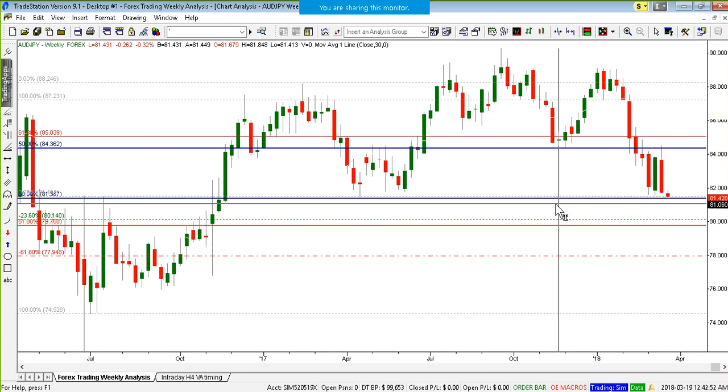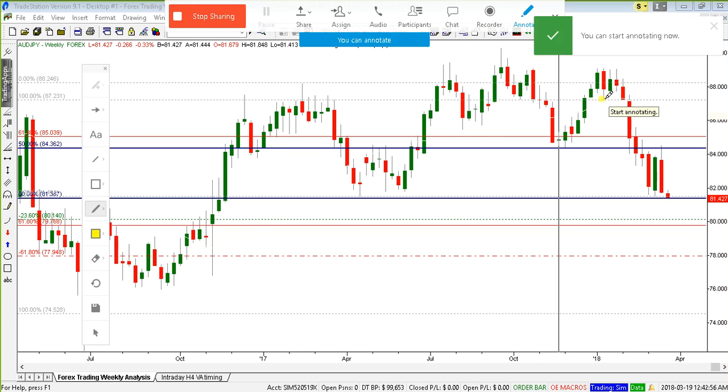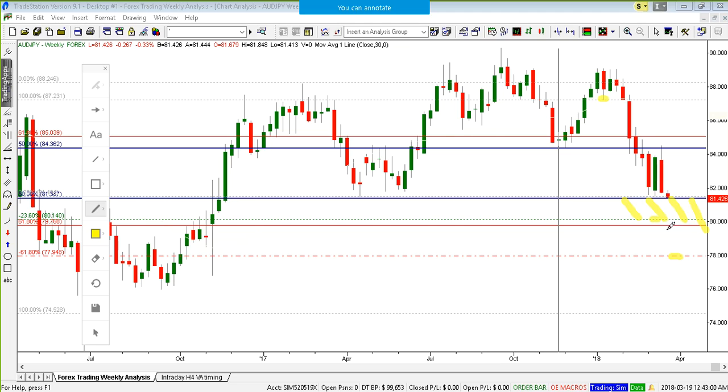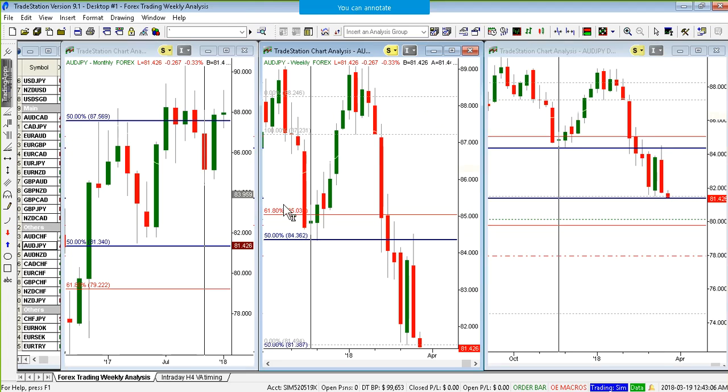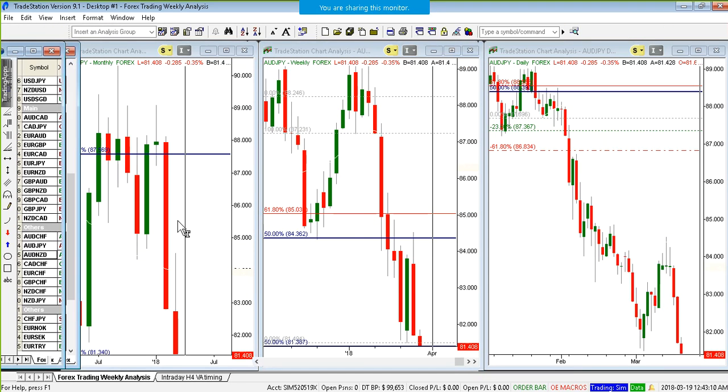So I don't anticipate this 50% holding. You see here, this is an extension. The first target is well within that area. The second target is below that area, and this is a second test of a previous area already tested. So that's what I think is going to happen.